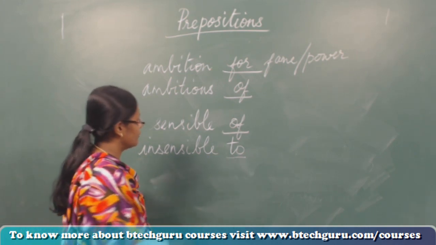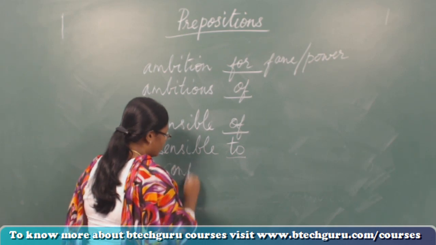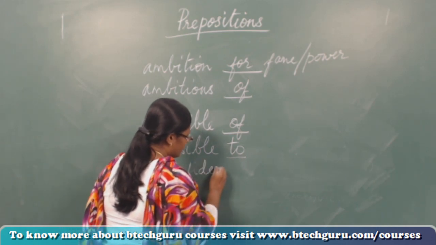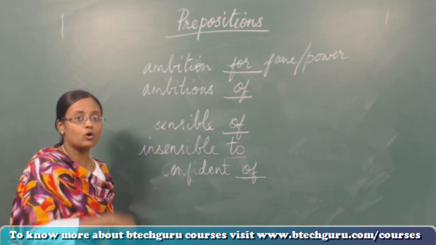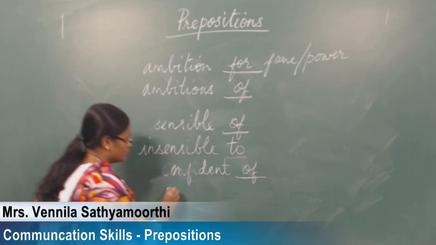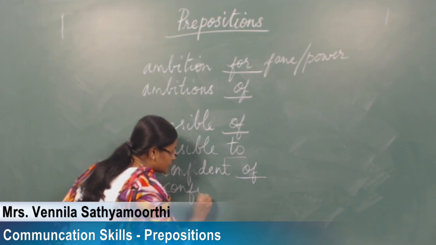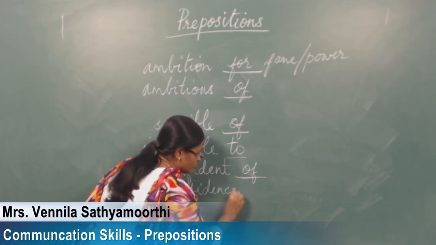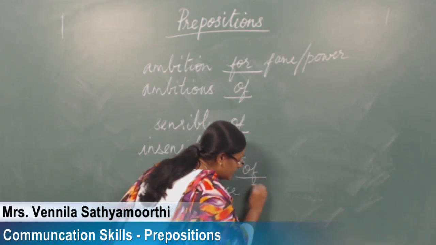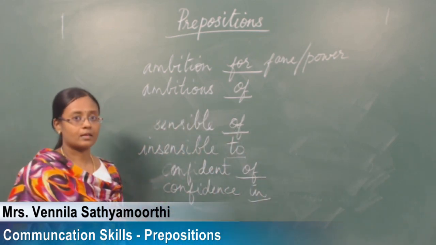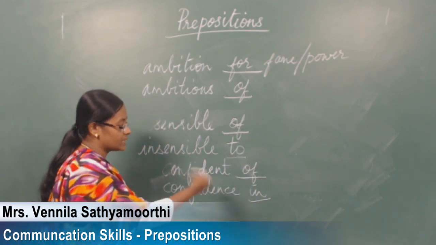Then you have confident. I am confident of his ability. But you say I have confidence when you change it to another part of speech, this is a noun. I have confidence in his ability. It's confident of, confidence in.